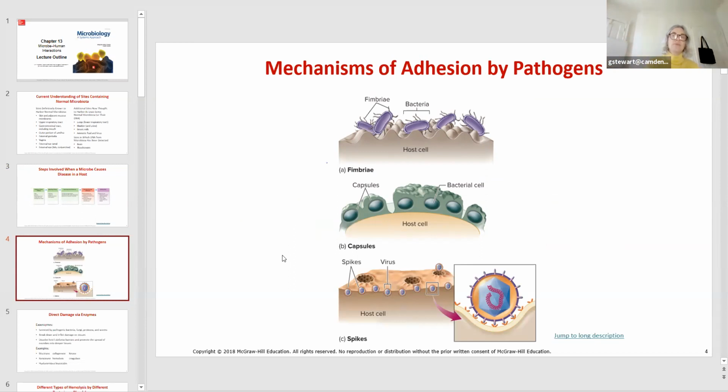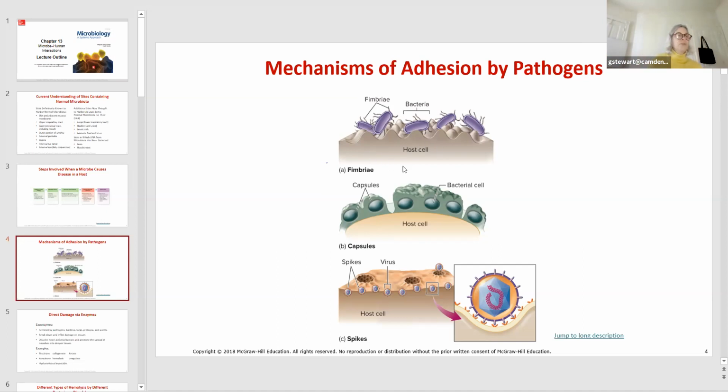And then the next two chapters are going to be all about the host defenses and how they can overcome the microorganisms while they're trying to infect. So be aware that this is sort of shared: bacteria are trying to stick, your cells are trying to prevent them from sticking. In this chapter, we're focusing on if adhesion occurs successfully.